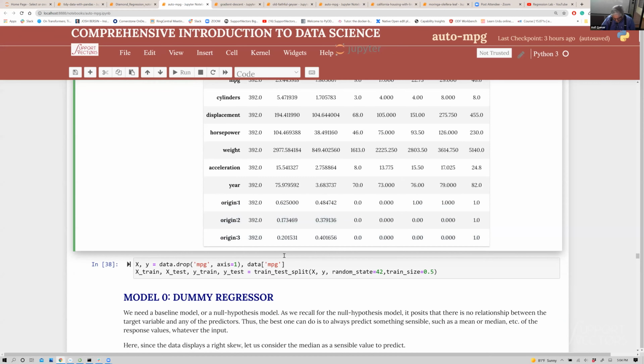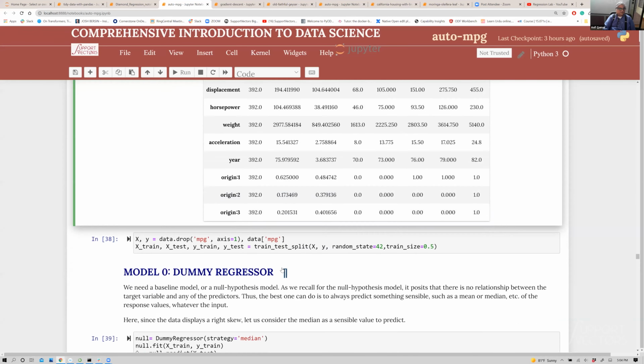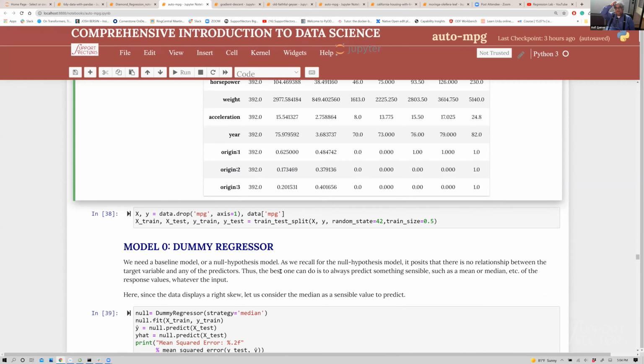Now, I want to tell you something about a most useful regression model people overlook, before you build complicated regression models. You see, in one dimension, we used the null hypothesis, etc. The closest thing to the null hypothesis, and in fact practically the null hypothesis, in scikit-learn is the dummy regression.